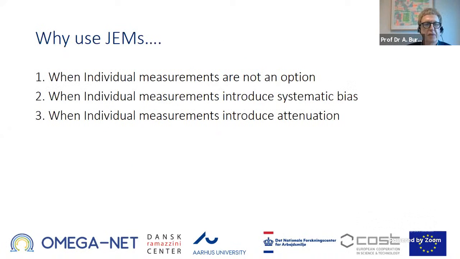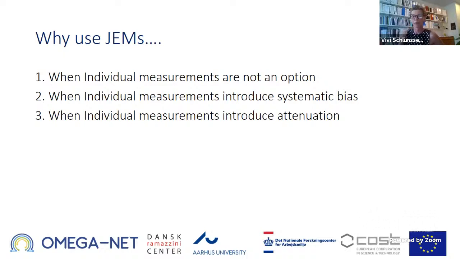Very short, why are we going to use JEMs? I think there are three major and really good reasons for doing that. The first is when individual measurements are really not an option. The second is when individual measurements introduce systematic bias. And the third is when individual measurements introduce attenuation.